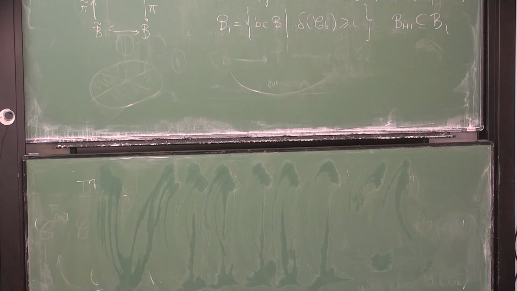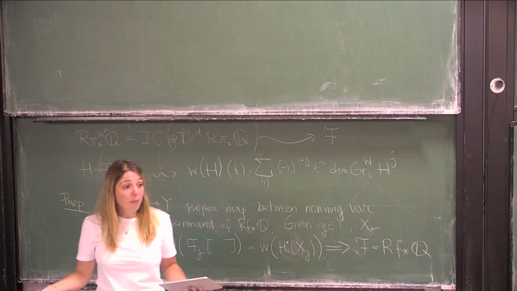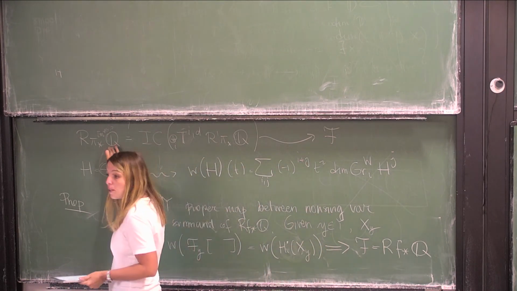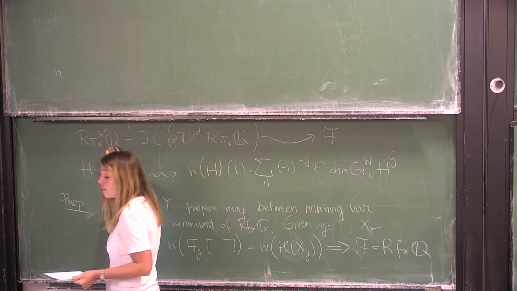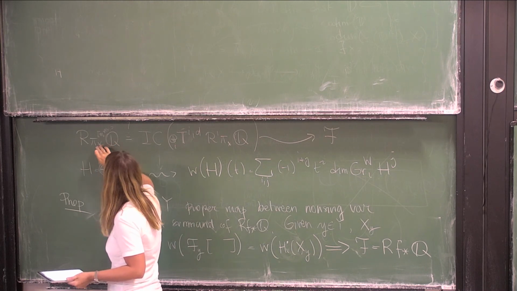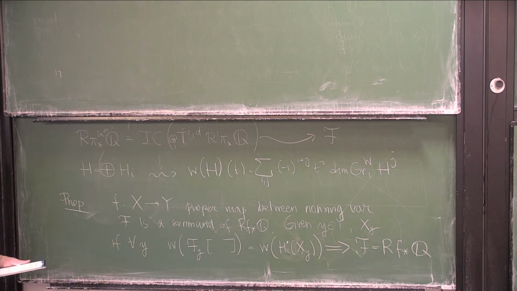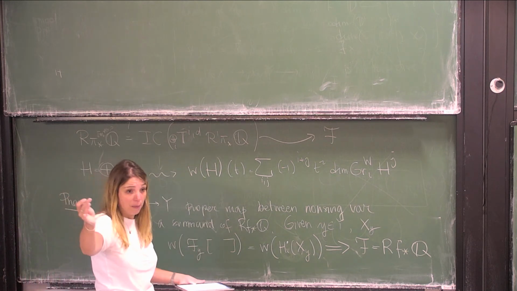So the idea is that to compute the cohomology stalk, we need to compute the stalk of the cohomology sheaf. So here we will basically just need to compute the weight polynomial of a singular curve. But the weight polynomial is easy to compute because we can just decompose the Hilbert scheme of the singular curve into smooth pieces, and it's really easy to compute the weight polynomial of them, and we just sum them up.